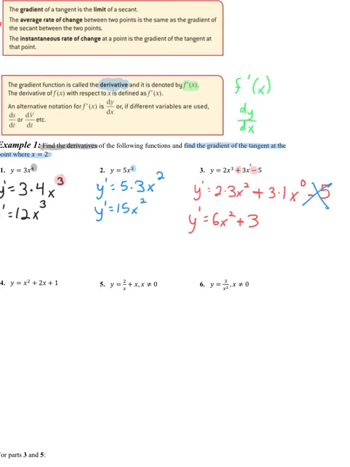Whenever you have a constant term, there's no x to take the derivative of. So here's the best way to describe it. What happens is x moves into a negative direction.